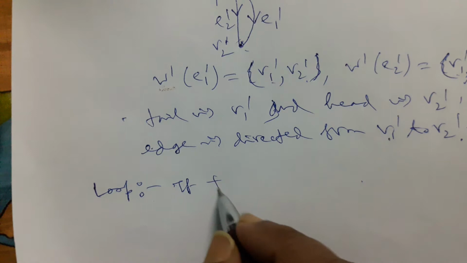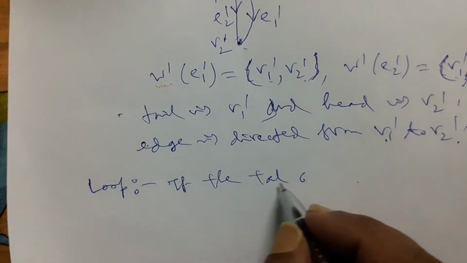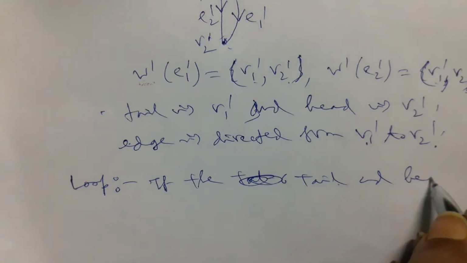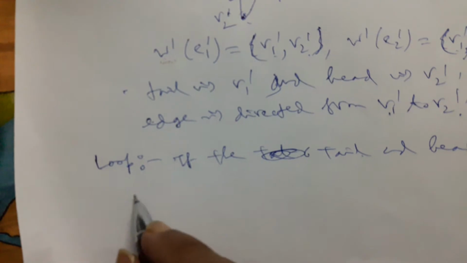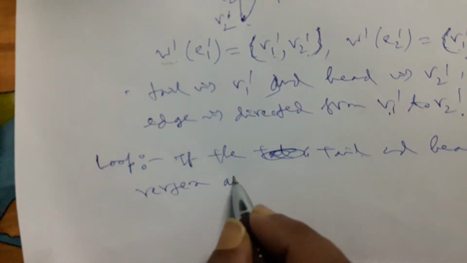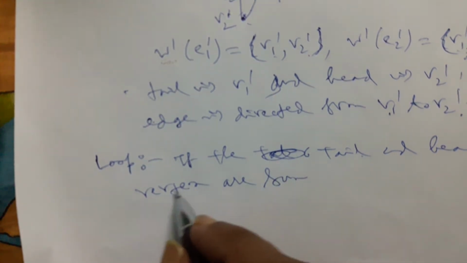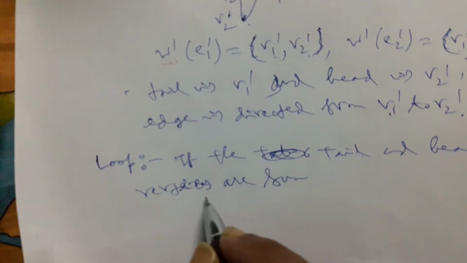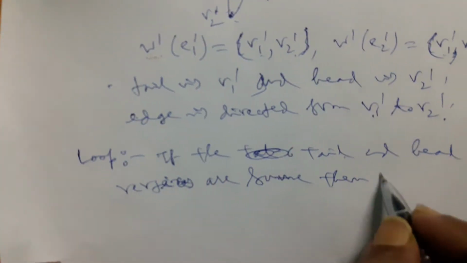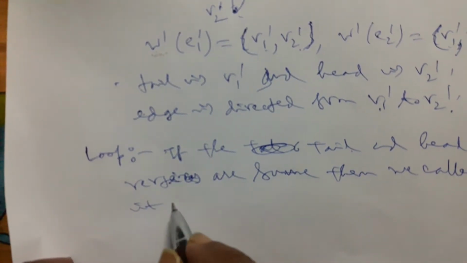If the tail and head vertices are the same, then we call it a loop.